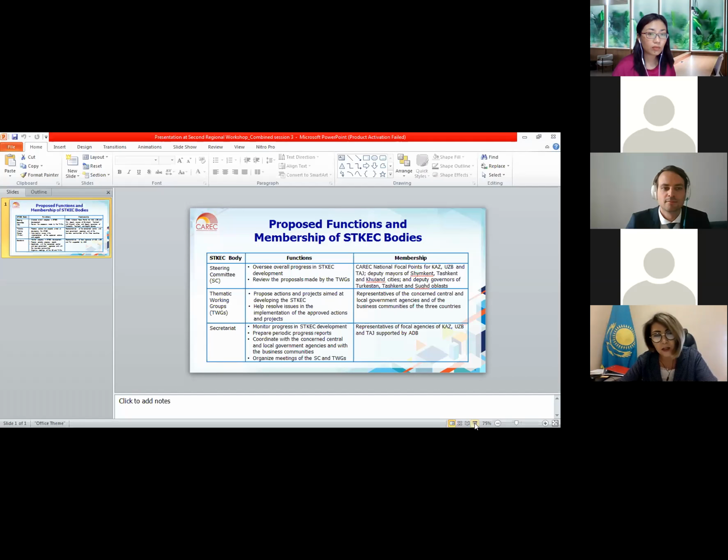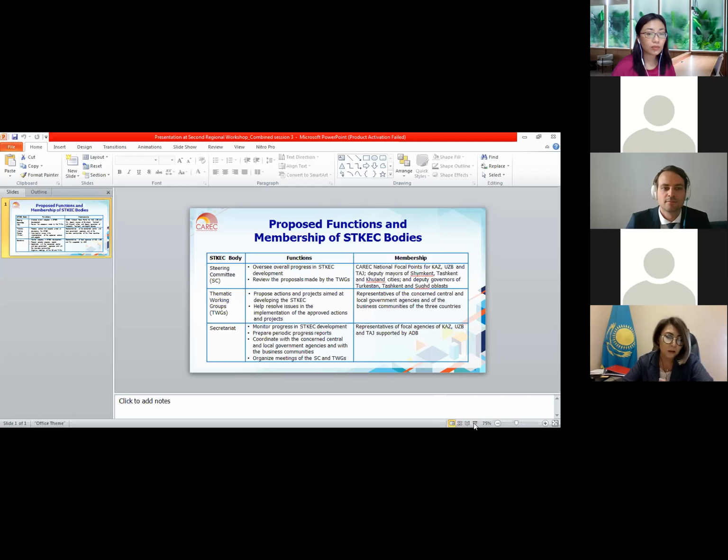So the third session of ours is the preparation for the formation of an institutional structure for the Shymkent, Tashkent, Khujand economic corridor. As the previous speakers mentioned, the scope of works for the successful development of the economic corridor touches upon many sectors of the economy besides trade, including agriculture, transport, and modernization of border crossing points. And in this connection, the experts of the Asian Development Bank are suggesting to form an institutional structure that will ensure the implementation of activities included in the roadmap of the economic corridor.